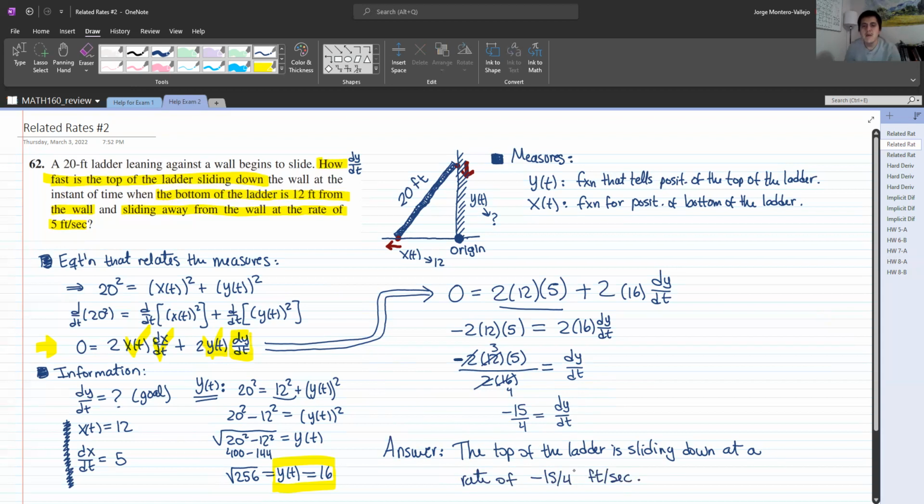Okay, so yeah, minus 15 divided by 4, you can get the actual decimals and all of that, but I don't care about that. I mean, even if you don't have a calculator, I don't expect you to write down the decimal answer. Okay, so negative 15 over 4, that's perfect.